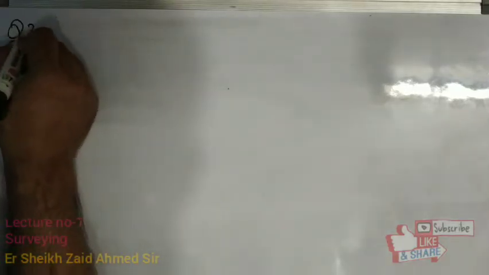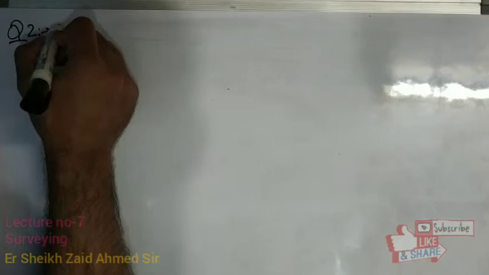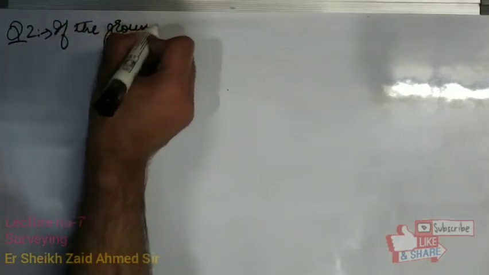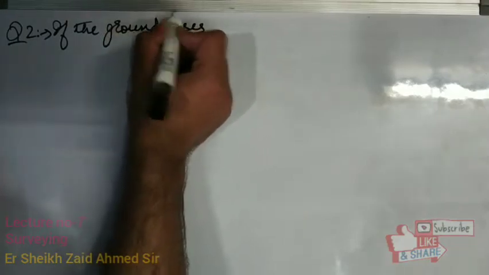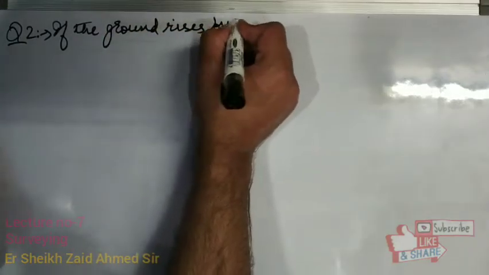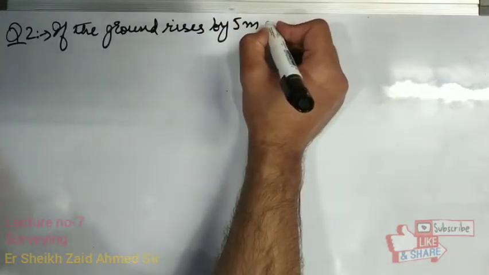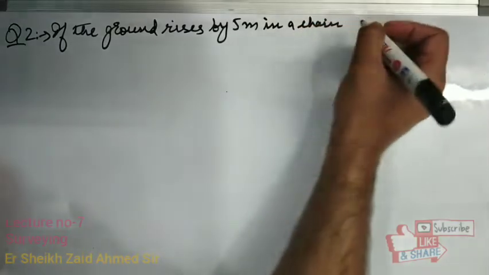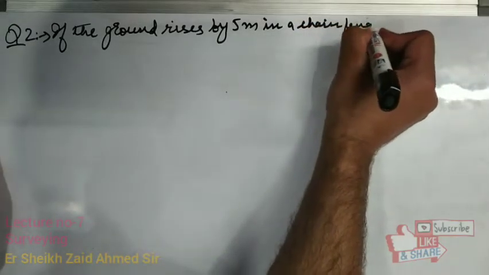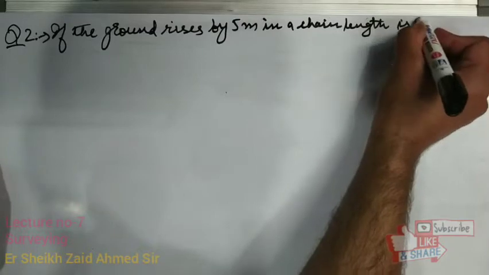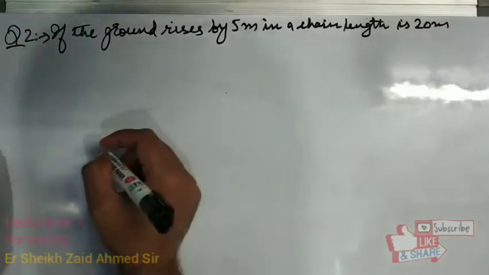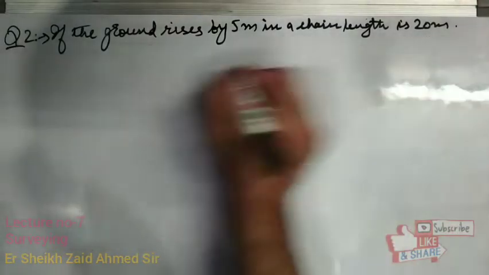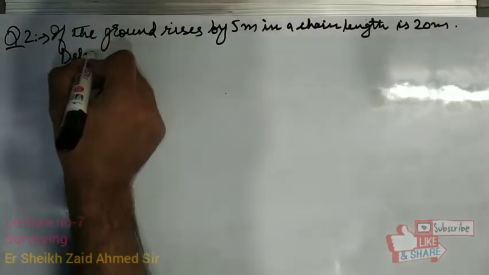So the next question says, if the ground rises by 5 meter in a chain length of 20 meter, determine the slope correction.